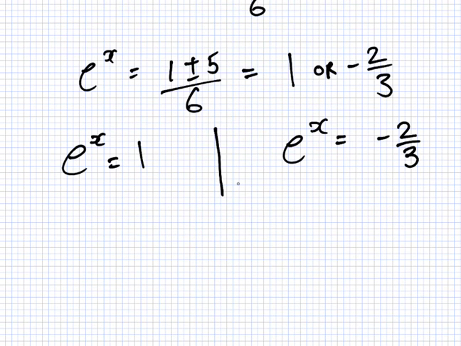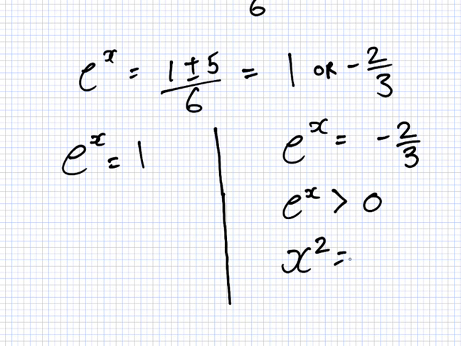Well, simply put, e^x is always positive. So this doesn't make sense. We can't find an x that makes e^x a negative number. In other words, this is an impossible situation. It'd be like saying x squared equals minus 1 or sin x equals 2. These things don't happen. So we reject.